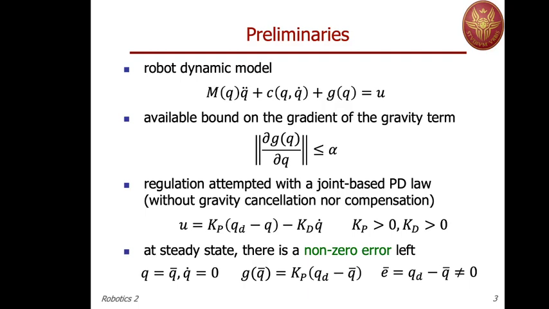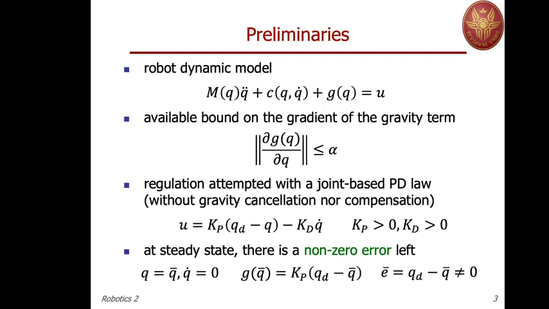Typically we choose those as diagonal. Now we know that this control law cannot regulate the desired configuration because it does not provide, at the desired steady state, namely when the position error is zero and the velocity is zero, the torque which balances the gravity at the destination. So for a generic task, this will not work.